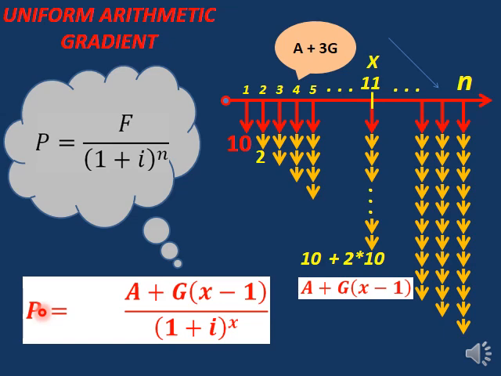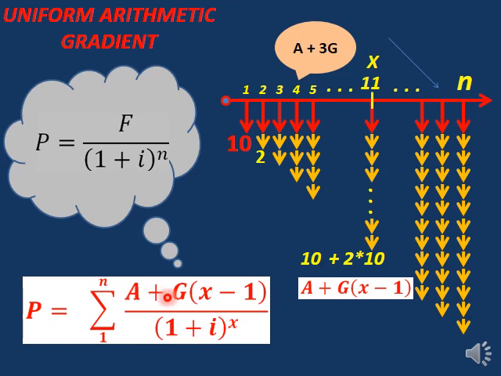Okay, so in order for us to determine the present worth of all of these cash flows, we simply replace our x here by 1, 2, 3, up to n. Or in short, we will use the function of the calculator, which is the summation function.